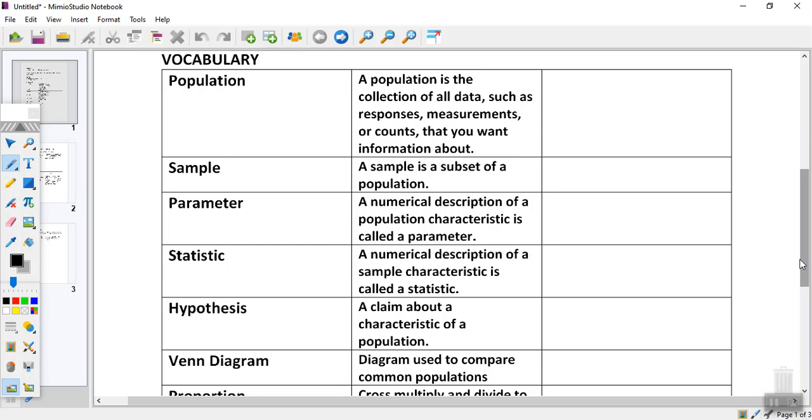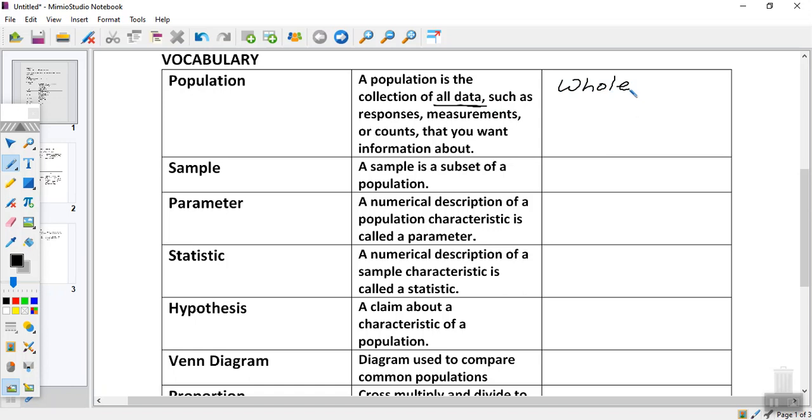It's a collection of how much of the data? All. Such as responses, measurements, or counts that you want information about. So if I said I'm going to go out and survey the population of UHS, who am I surveying? Everybody. The population is the whole darn thing. It's like a whole. It's everything.